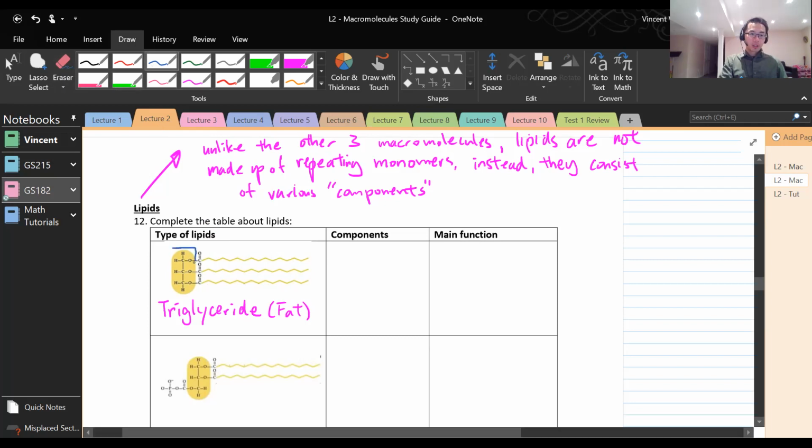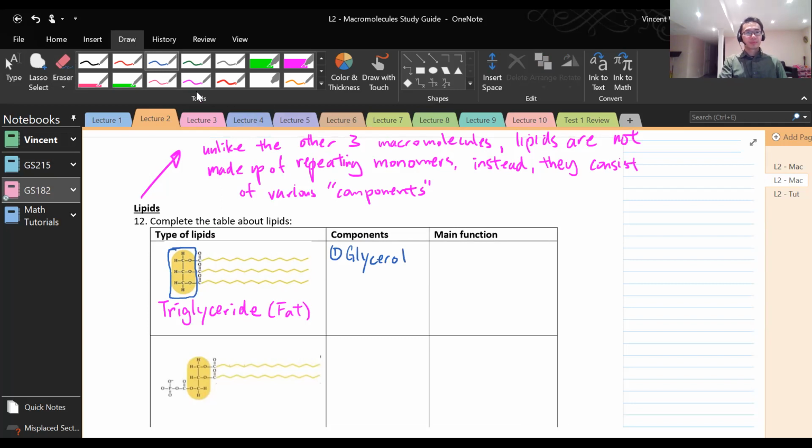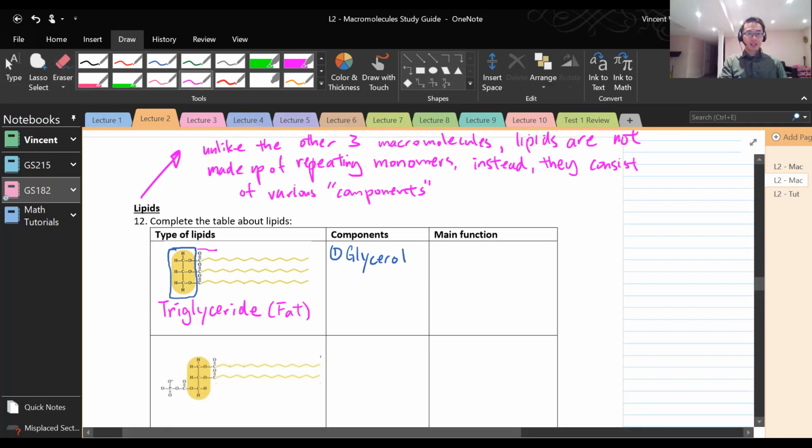We have this molecule right here. That is called glycerol. And then we have these things right here, these are the fatty acids.